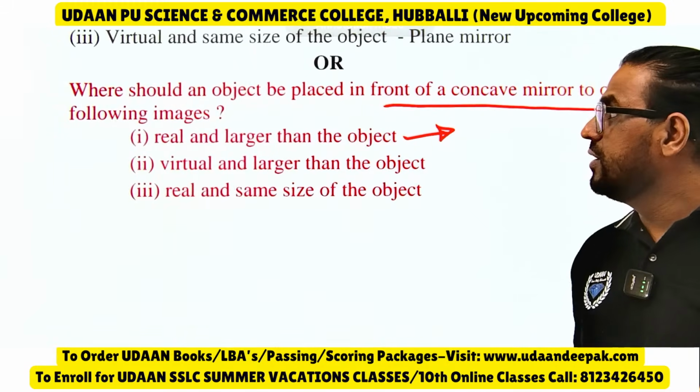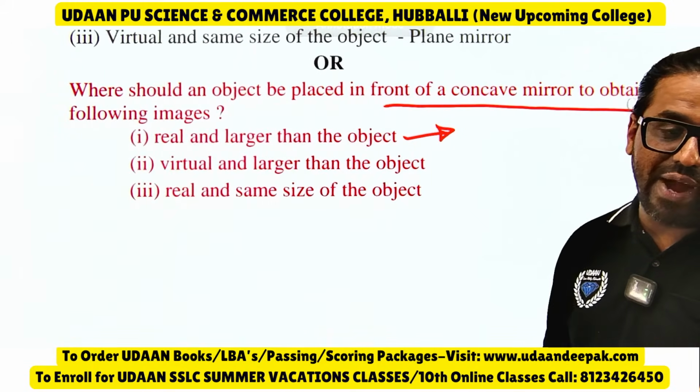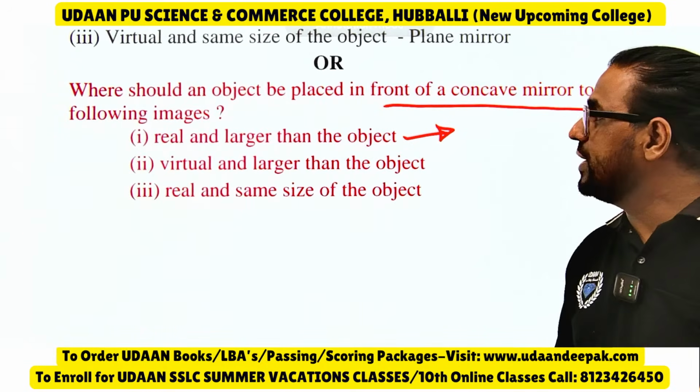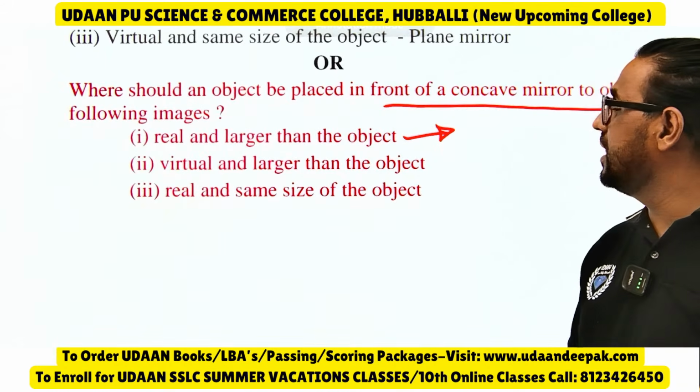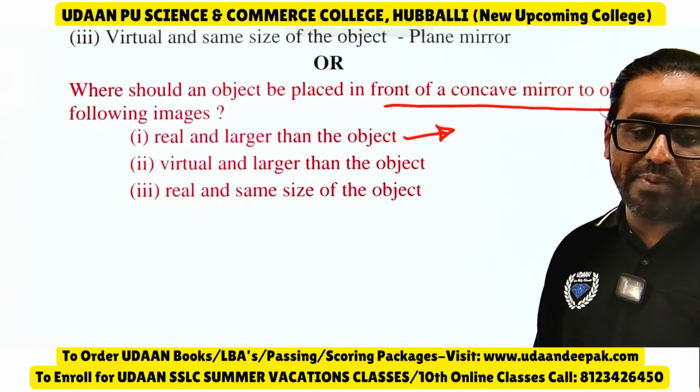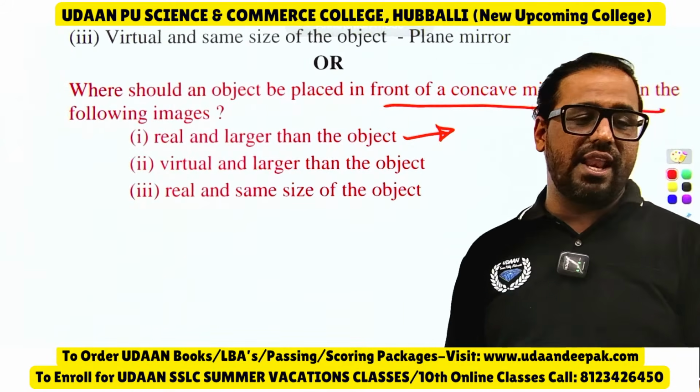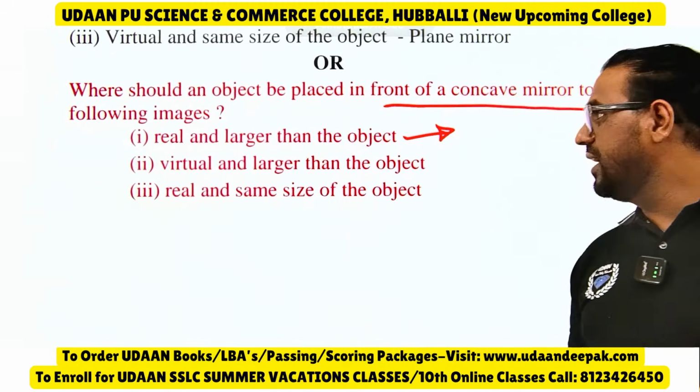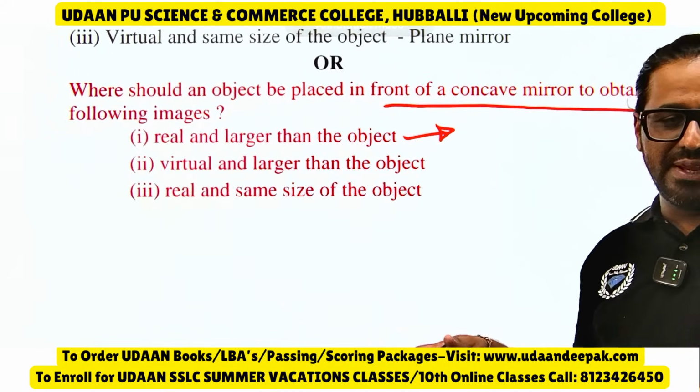At focus or at infinity, you will find no place is right. First we need a real image larger than the object. You cannot place it at the principal focus. You will get a real, larger image.